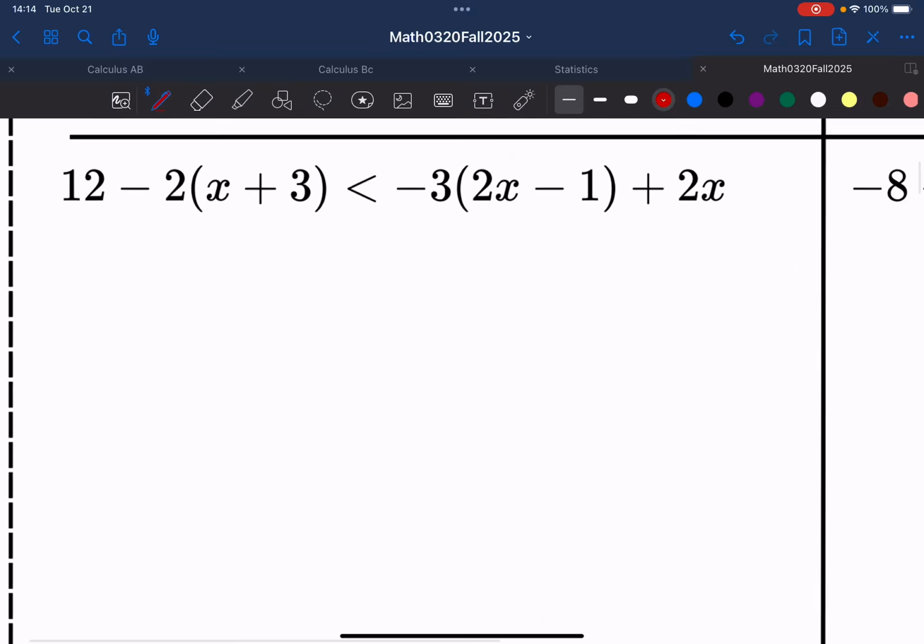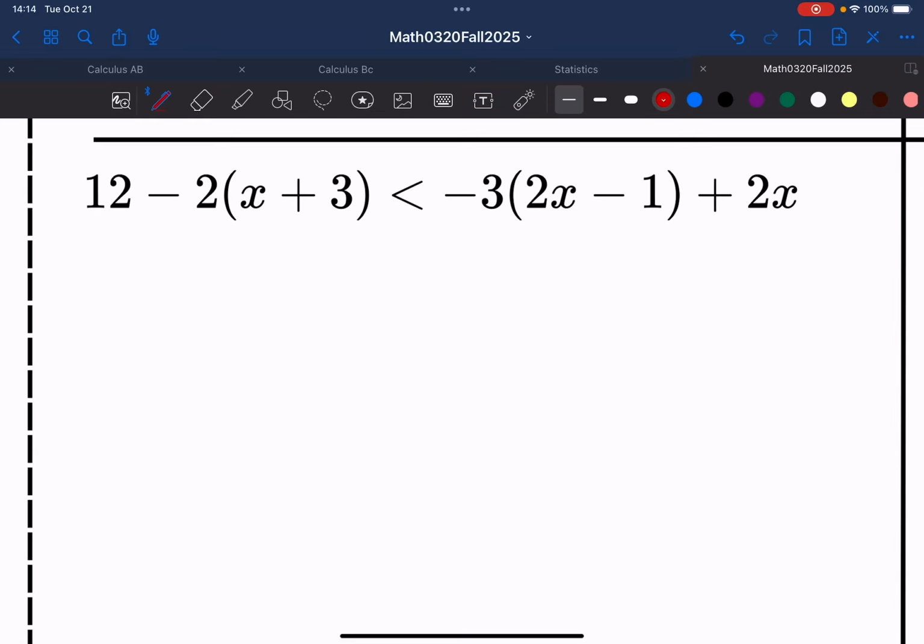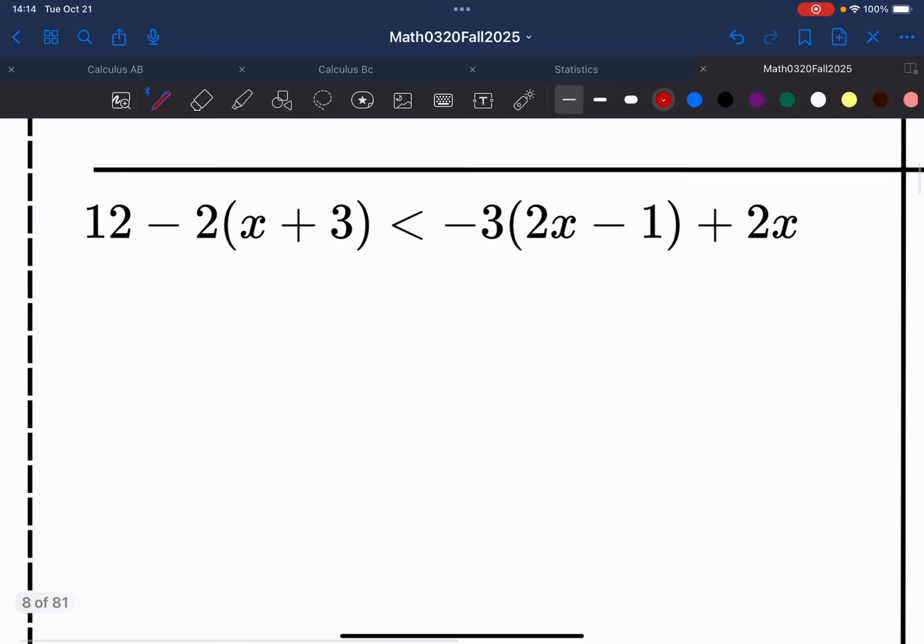Okay, now I have something a little bit more complicated here because now I have the parentheses, which means before I can start moving everything over to other sides, I need to make sure that I simplify as much as I can first. And the first thing I'm going to do is I'm going to get rid of these parentheses by distributing the negative 2 and distributing the negative 3.